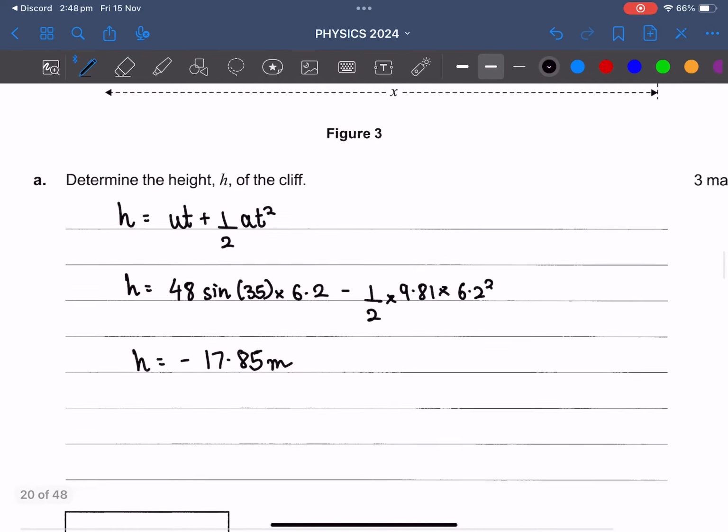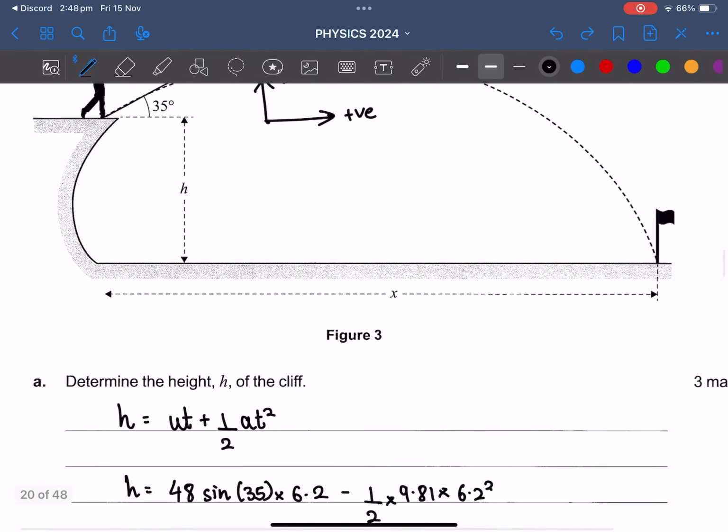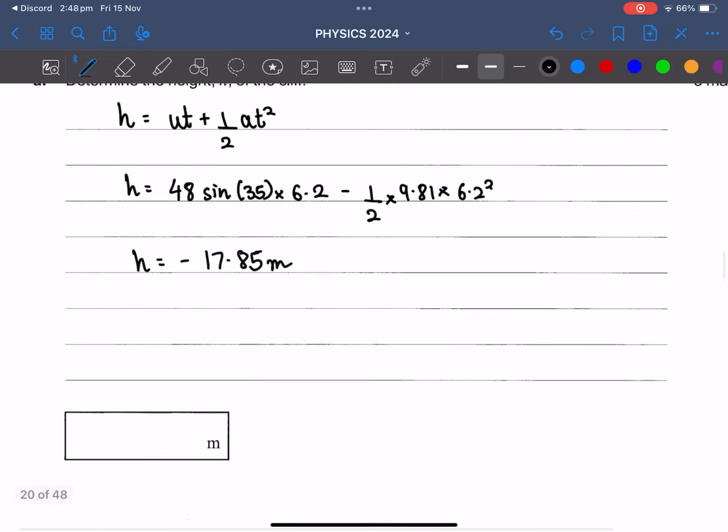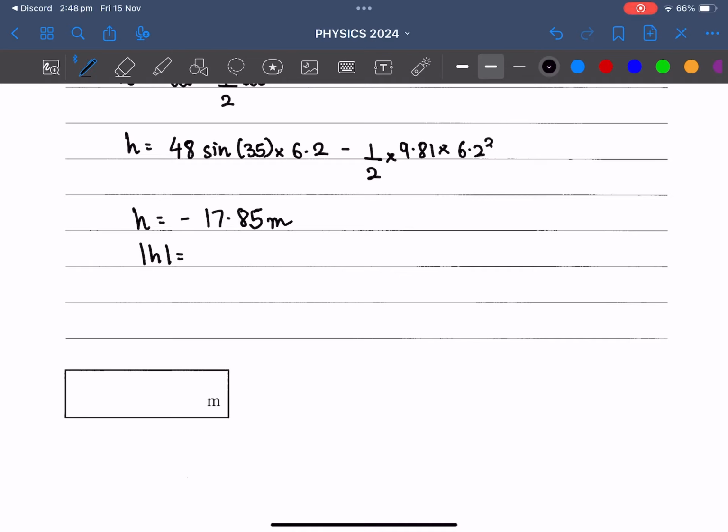Now, again, the height is negative because we traveled downwards. Our initial starting point was here, and our final point was here. So we did travel h distance down, so that's why our height is negative. We only need the magnitude of the height, so 17.85 meters will do here.